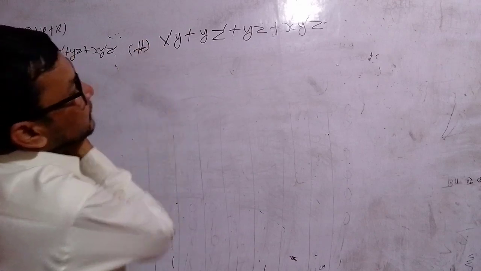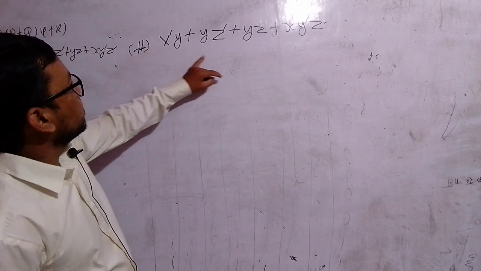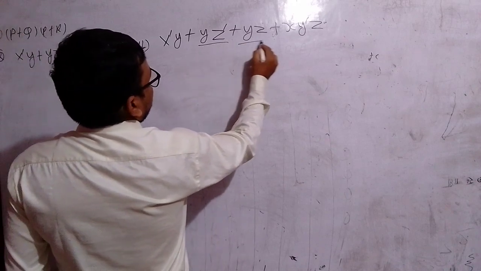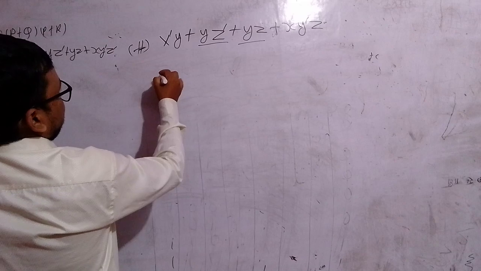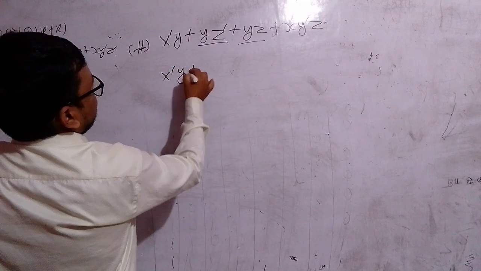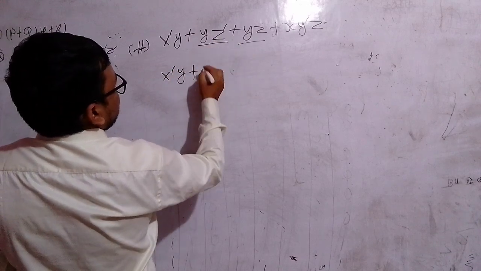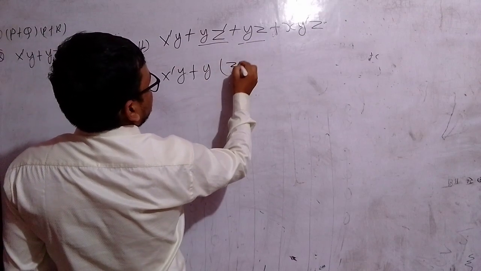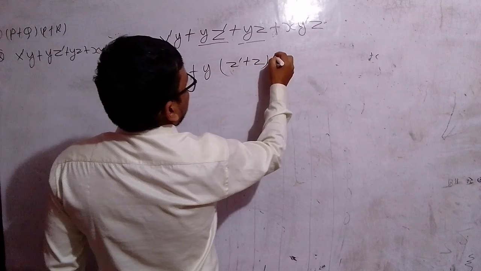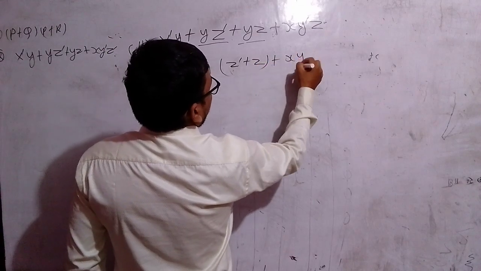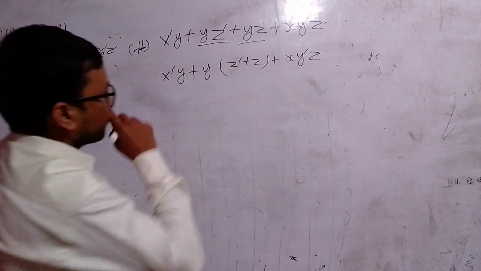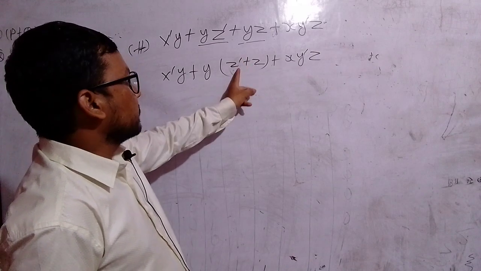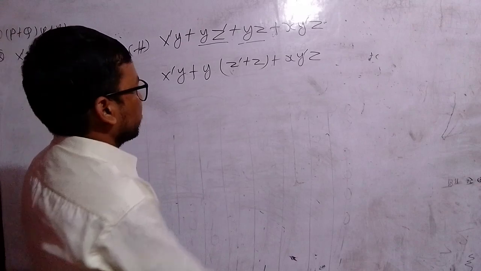Now, let's look at how to simplify this expression. We can observe these two terms seem similar. Now, X dash Y plus, let's take Y common: Y times Z plus Z dash, plus X Y dash Z. The sum of any variable and its complement always gives 1.